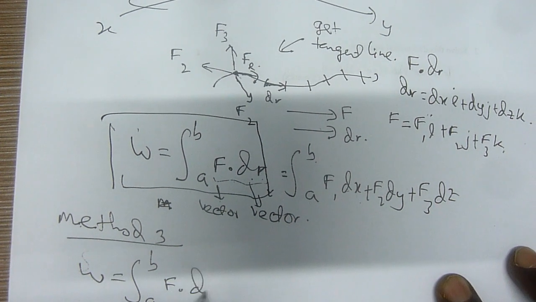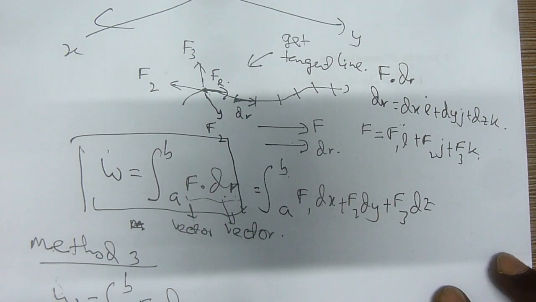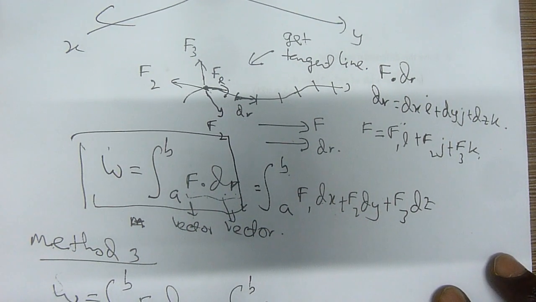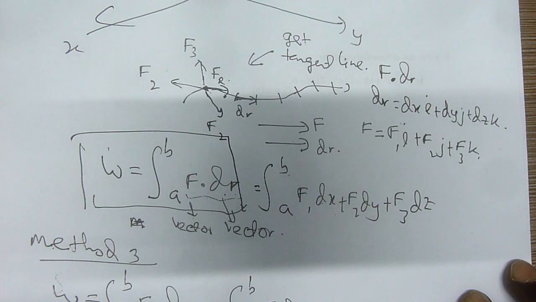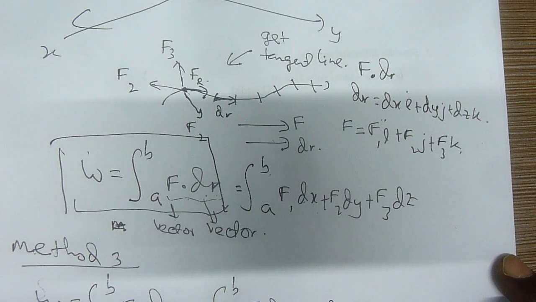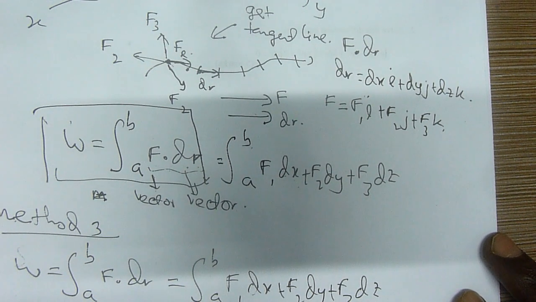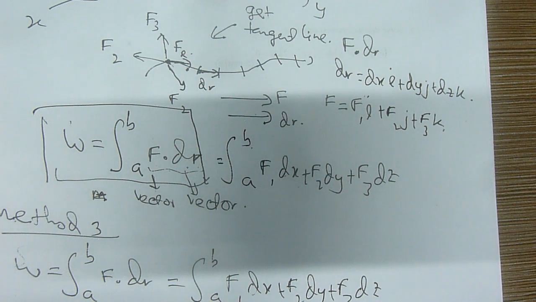Method 2 is vector, vector, but method 3 is the integral from A to B of F1 dx plus F2 dy plus F3 dz, which is a scalar. Can you see that? It's already converted into a scalar.